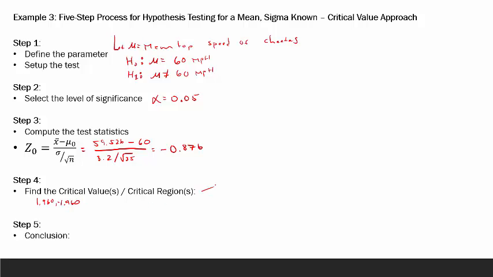Now you've got your critical region. In this case, you're going to have two critical regions, centered at 0. One is going to be way up here at 1.960, and one is going to be way down here at minus 1.96.